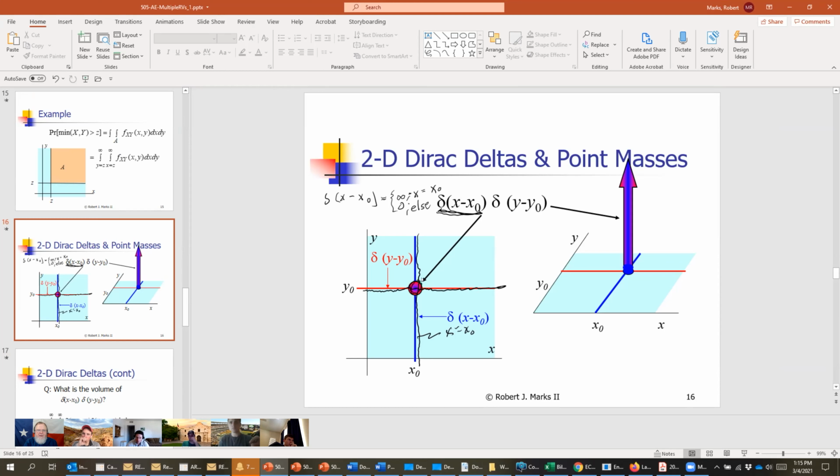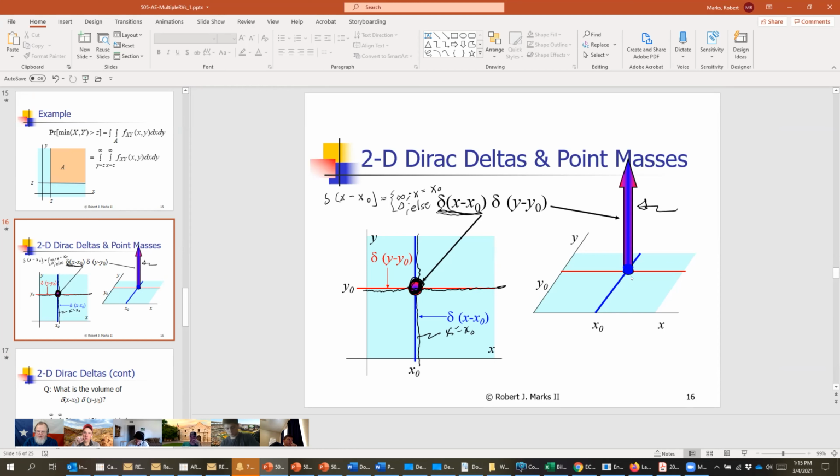When we multiply this up and down knife edge by this right and left knife edge, everything goes to 0 except for the intersection of the knives, which is right here. So we interpreted a delta of x minus x naught as kind of a needle, if you will, sticking out of the xy plane. And this needle is the intersection of these two knife edges.